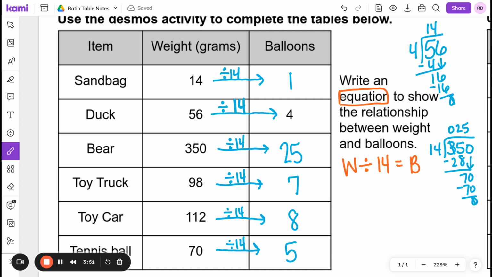If we were given the balloons and asked to find all of the weights, we would just do the opposite. The opposite of dividing is multiplying. So we would take the balloons, multiply by 14, and that would give us the weight of the item. So again, with equivalent ratios, you can only multiply and divide. Whatever you do to the top relationship, you have to repeat to the bottom relationship to keep them equal.